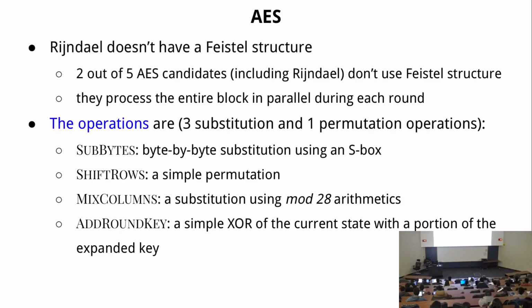Among the final 5 candidates, 3 of them were using the Feistel network, but the other 2 didn't, and they can process the entire block in parallel. The benefit of this is it can be faster.